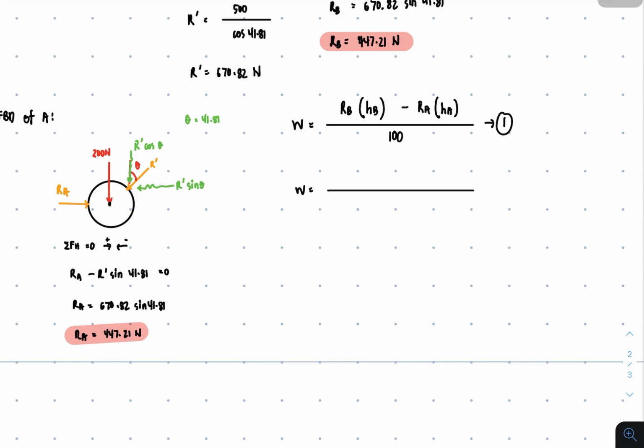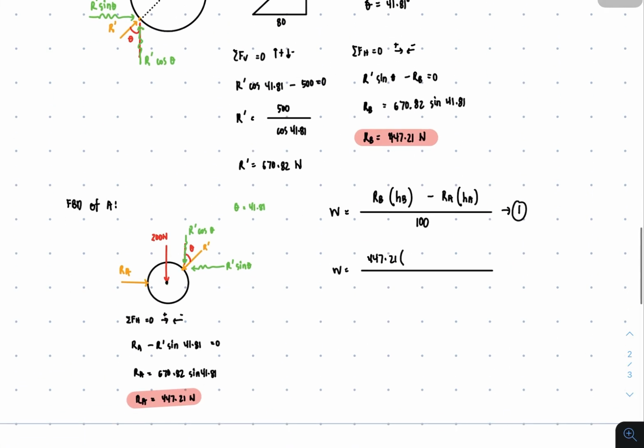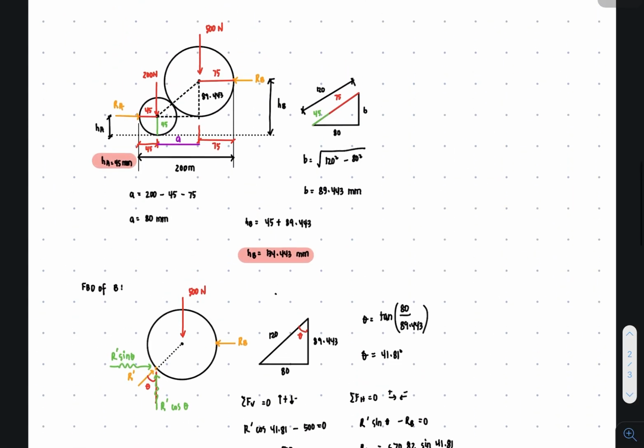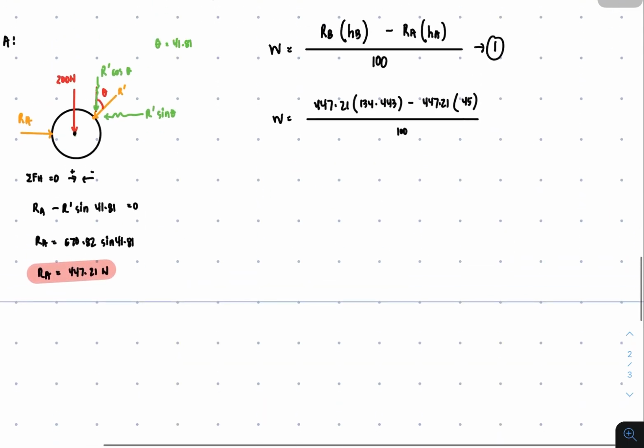So W is equal to 447.21 times HB, it's 134.443, minus 447.21 times 45 HA, divided by 100.